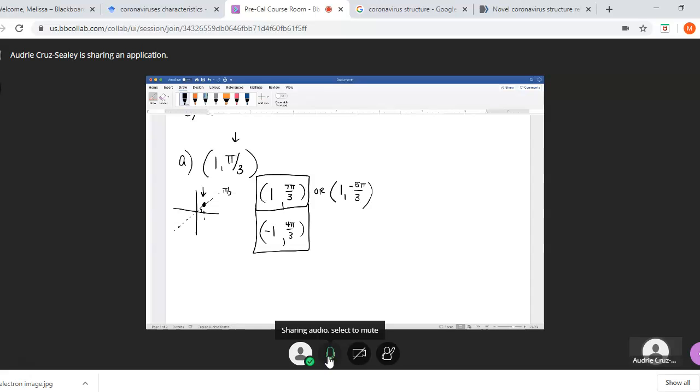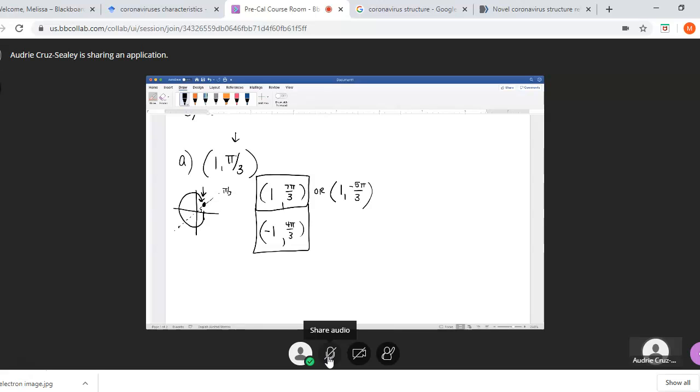One comma negative 5 pi over 3, you would still end up here at pi over 3. You just went this way. You started here, you went this way. Is that okay?